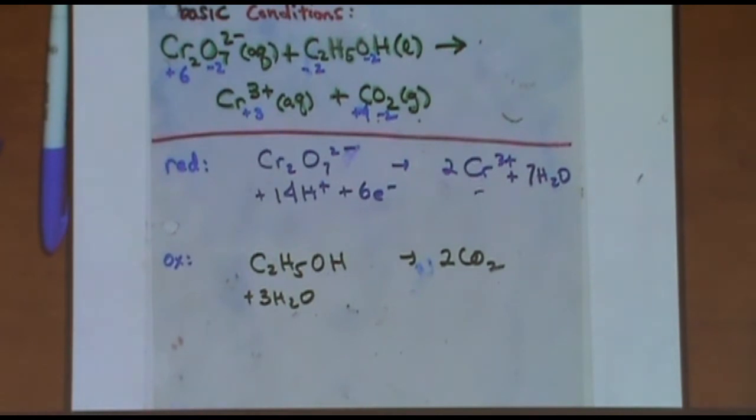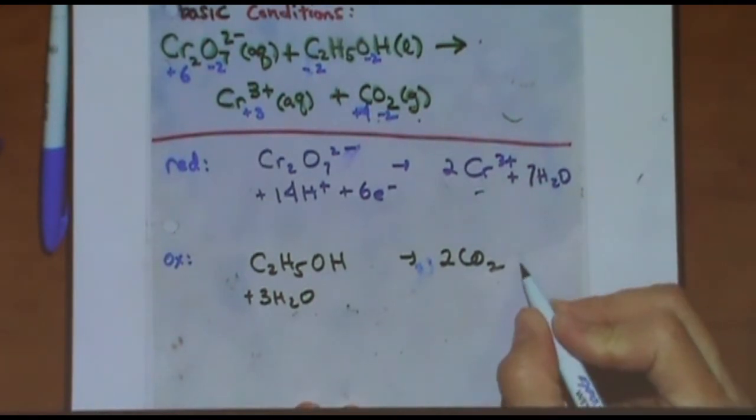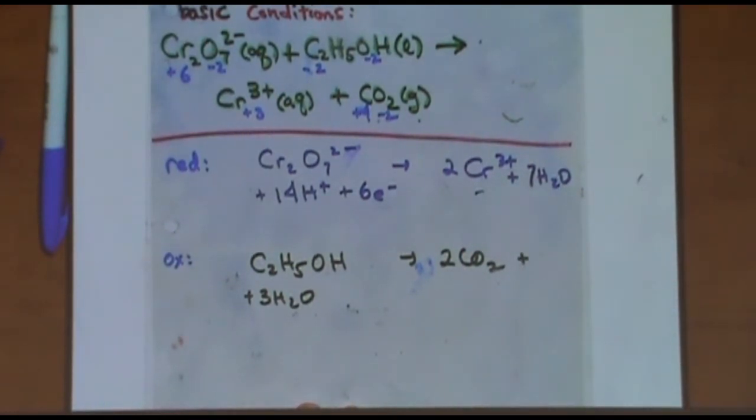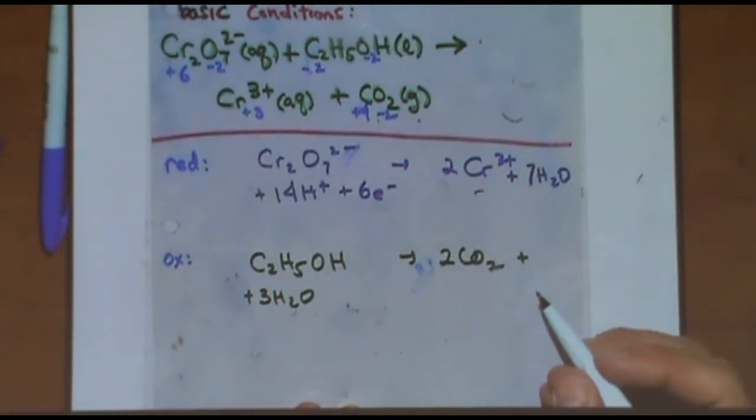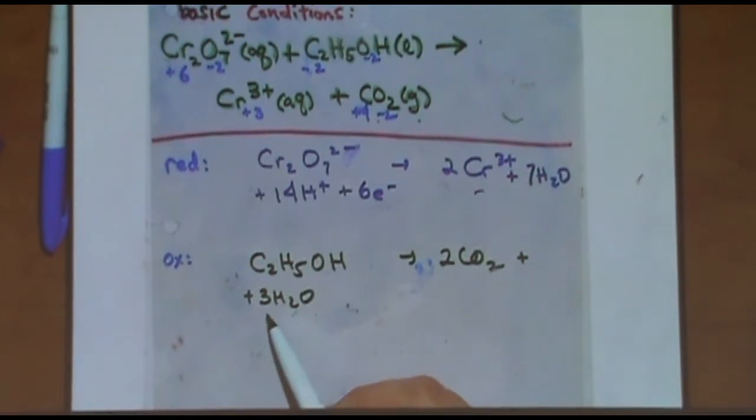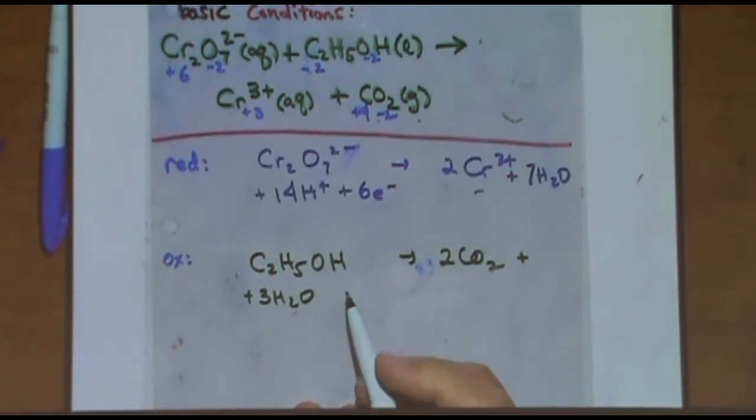Step 3, balance the hydrogens with H+. How many H pluses am I adding? Whoa, there's a lot of answers here. I'd go with 3 times 2 is 6, plus 5 is 11, plus 1 more is 12.